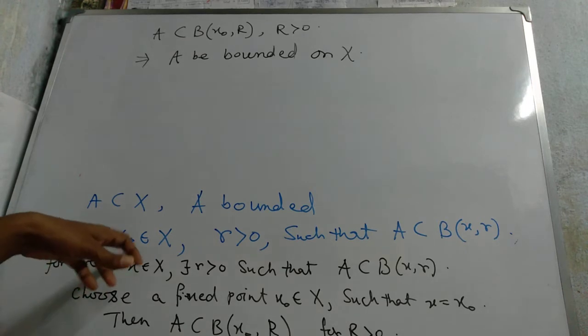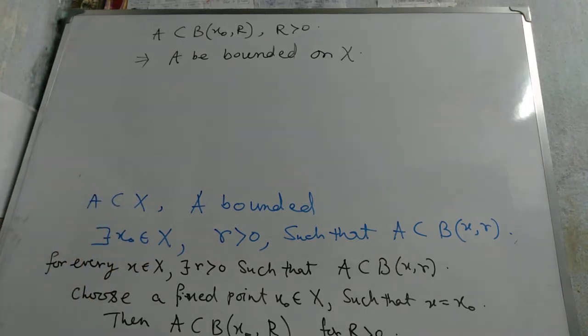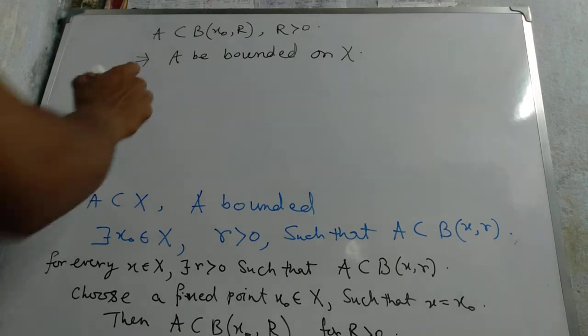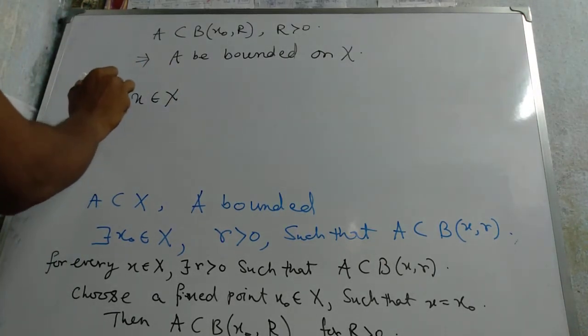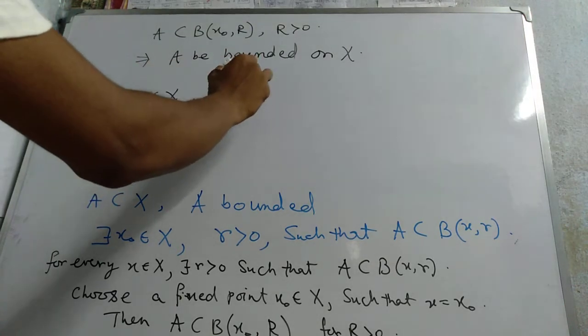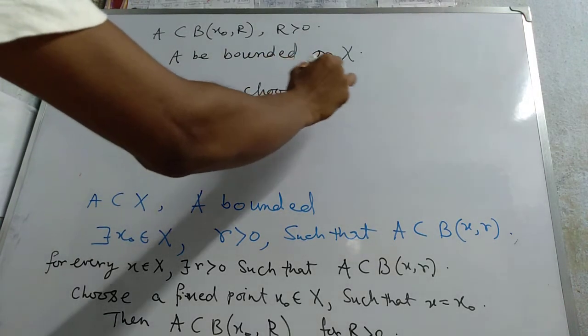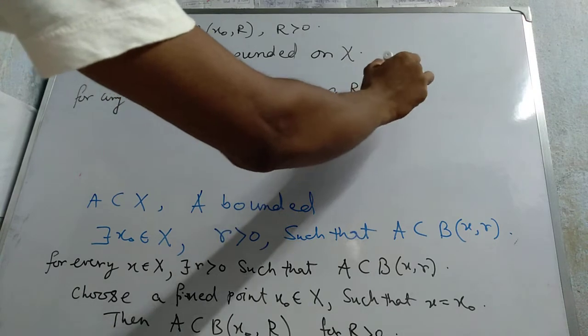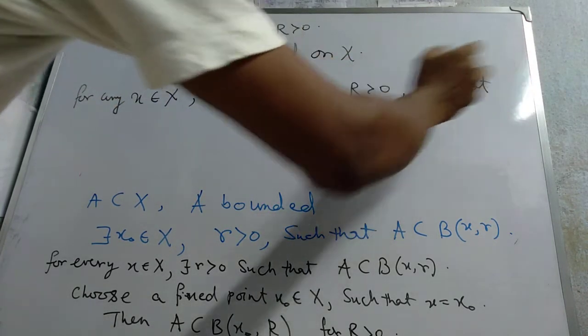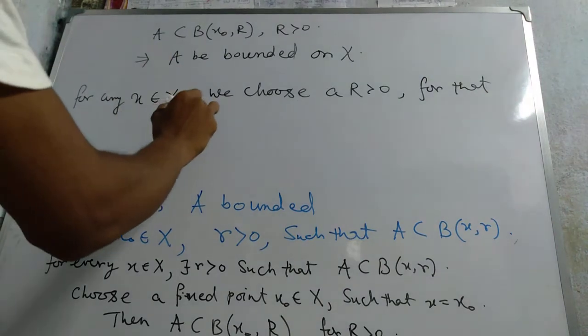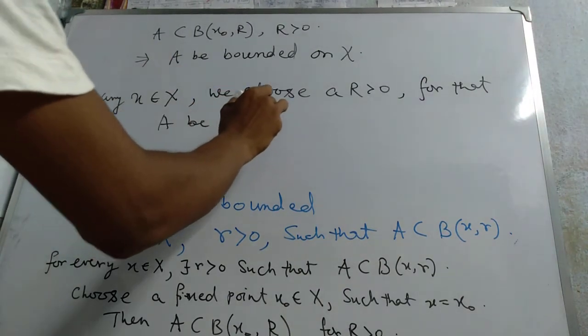Because x0 here is arbitrary and here also x is arbitrary, so for any x we construct, the r's are different. For any x we choose an r greater than 0, for that A is bounded. Okay.